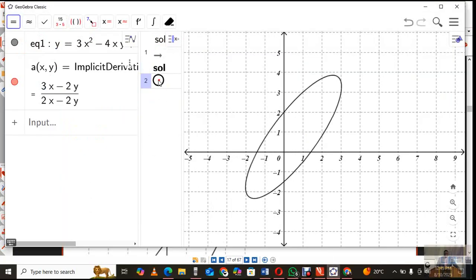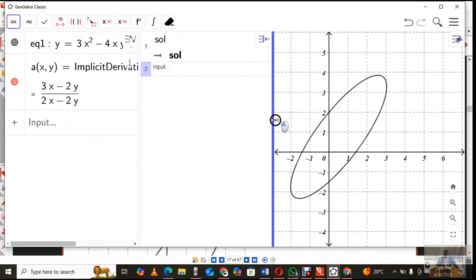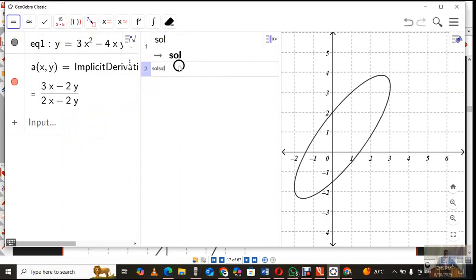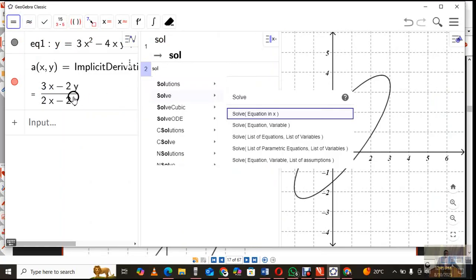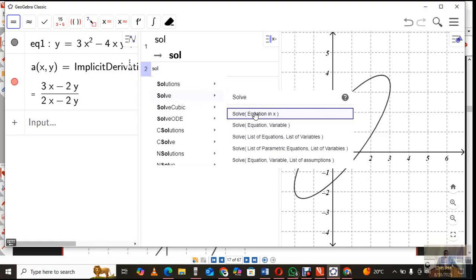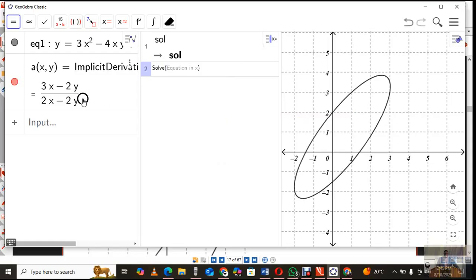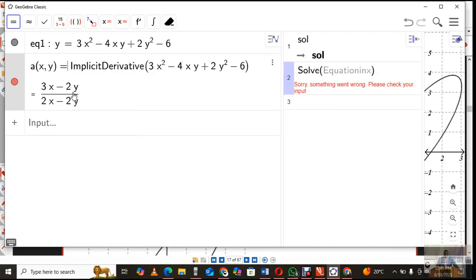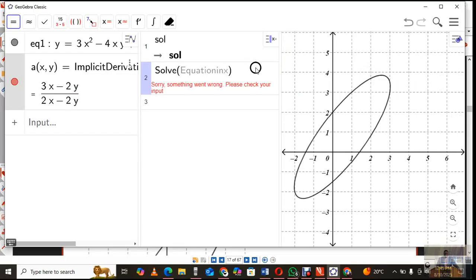Now, I would want to solve to see what this is. So I'm going to say solve this equation, and I'm going to type that whole equation.